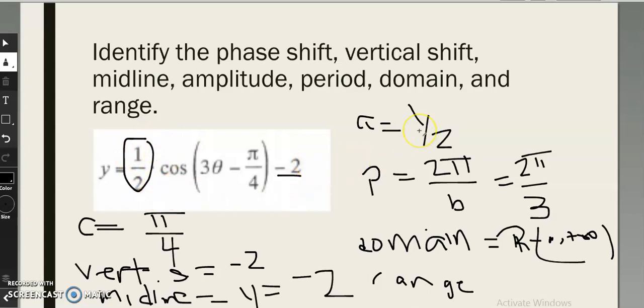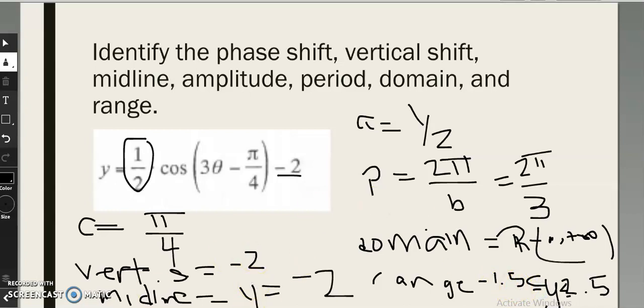So if I do 1/2 plus 2, I know the top of it will be 2.5. And if I subtract 1/2 from this 2, 1/2 minus 2, I get negative 1.5. So y is greater than or equal to negative 1.5 all the way up to 2.5.